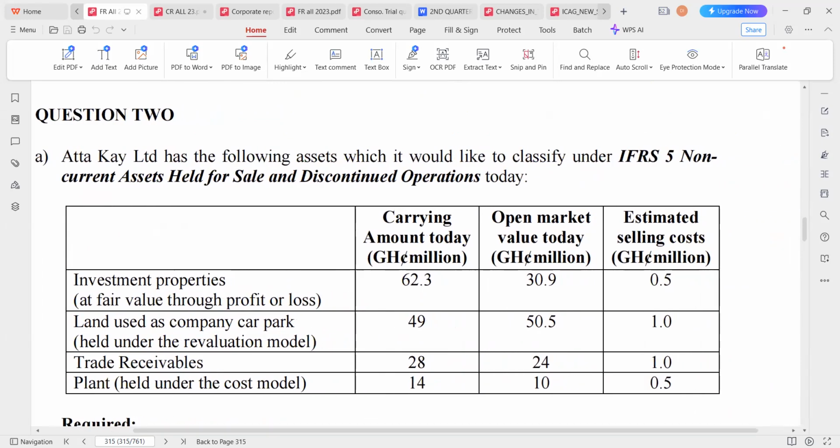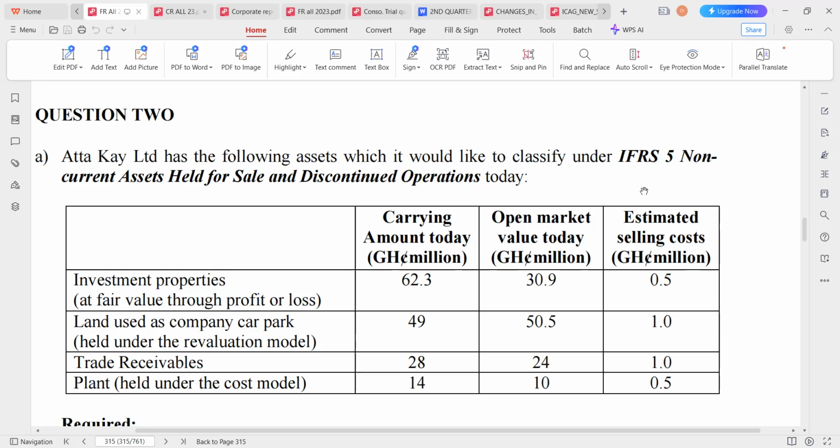I'll come and treat them for you. So investment properties at fair value, is it part of IFRS 5? They say Attack K Limited has the following assets which it would like to classify under IFRS 5.